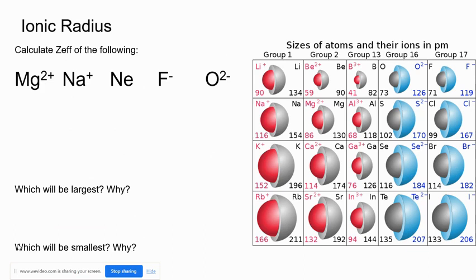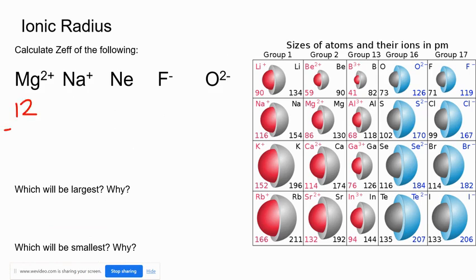So we're going to calculate the Zeff of the following. Remember, what we do here is we take our atomic number. So for magnesium, our atomic number is 12.